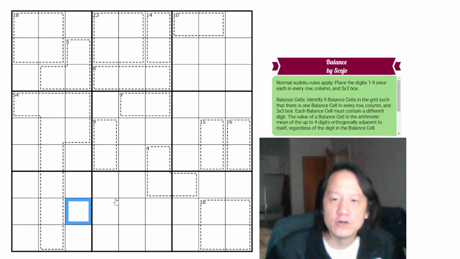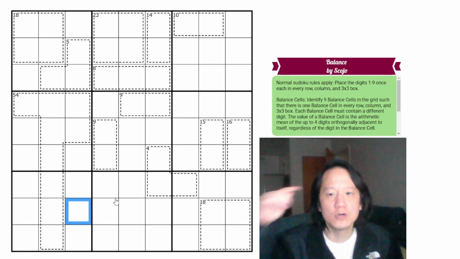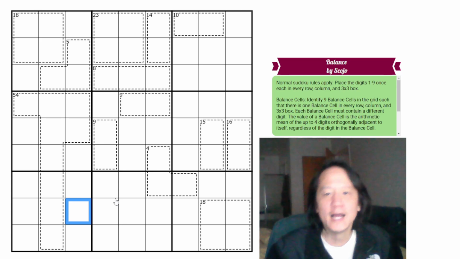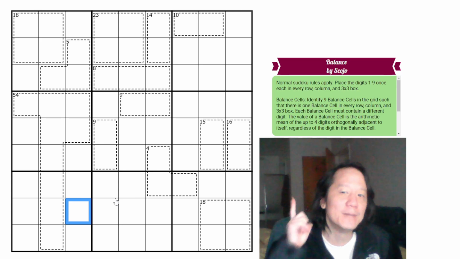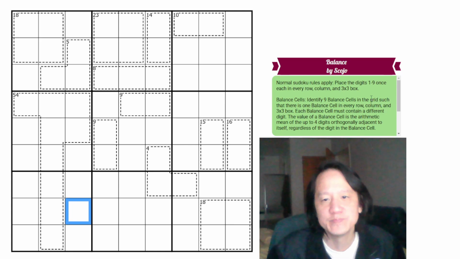Each balance cell must contain a different digit. So there's 9 balance cells, one for each row, column, and 3 by 3 box, and each balance cell must contain a different digit. Remember that. There are no repeats in balance cells.